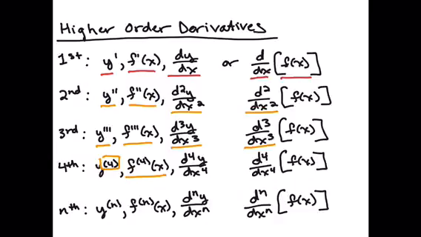And then our d dx's are just telling us how many times we did it, so they just get regular 4s. And so on and so on. So if we write it as the nth derivative, we'll say that's y to the n in parentheses, or f to the n in parentheses, dny dx to the n, which means I've d dx'd it, or taken the derivative, n times.